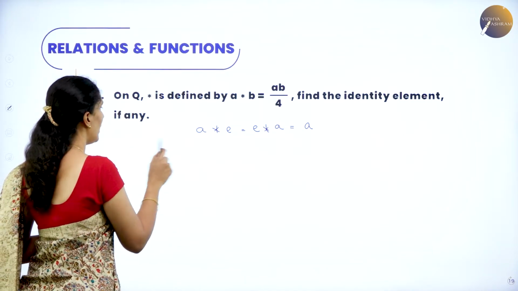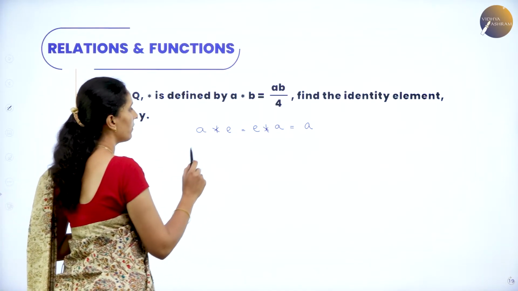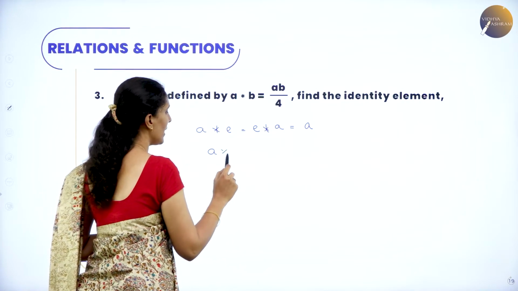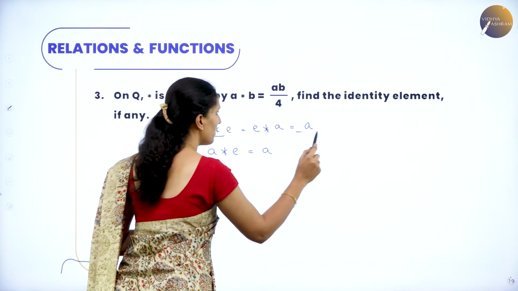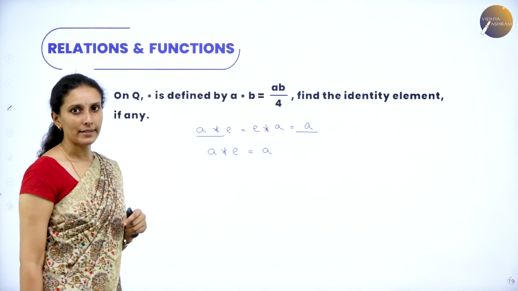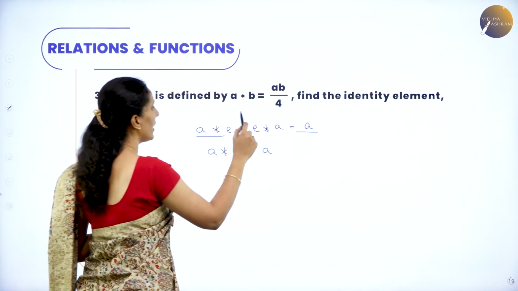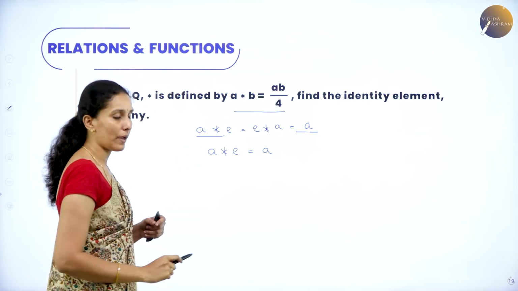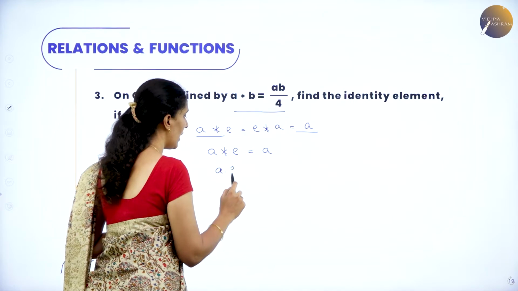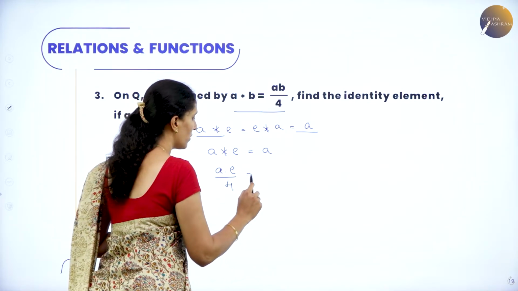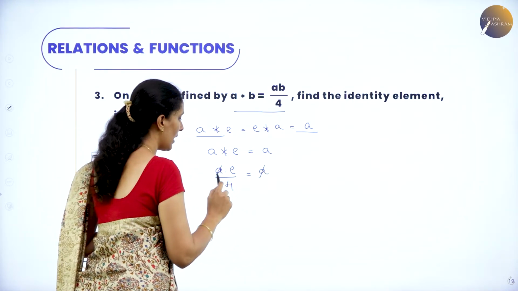So, let me check. Now, take this result. A star E is equal to A. So, if this is possible, then identity element exists. Now, how they have defined A star B? In the form of AB by 4. So, therefore, here A star E can be written as AE divided by 4 is equal to A. A cancels.